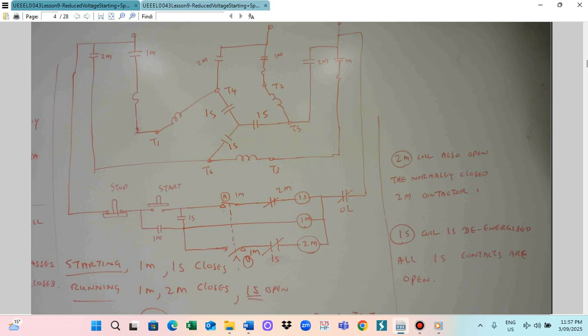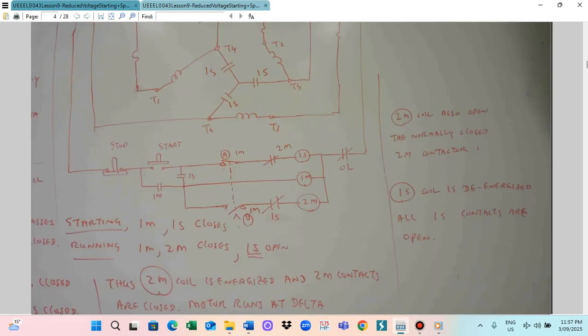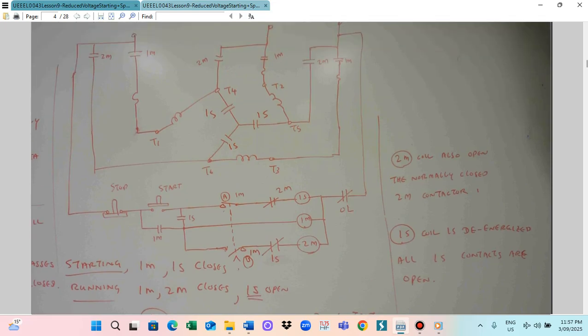In the meantime, this 2M normally open is energized. So this is A1M and B1M. A1M and B1M are timer switches. Timer switch means that when 1M tries to open this one, it will not open immediately. This is the timing switch, so that during the time, the motor current is already reduced.